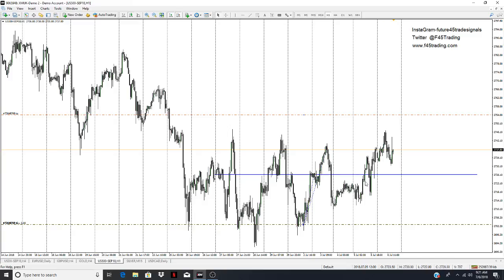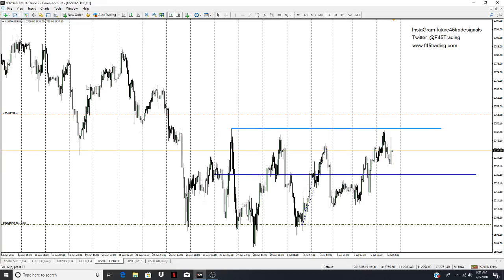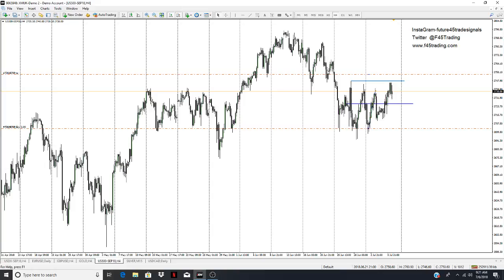It came down, but now it's working its way back up, and it has not taken out this high yet. It did get into the wick, which is all it really needs to do. As far as my targets go, I like to aim for inside the wicks. It doesn't need to get above the high, but I think this consolidation area here is a really nice area.